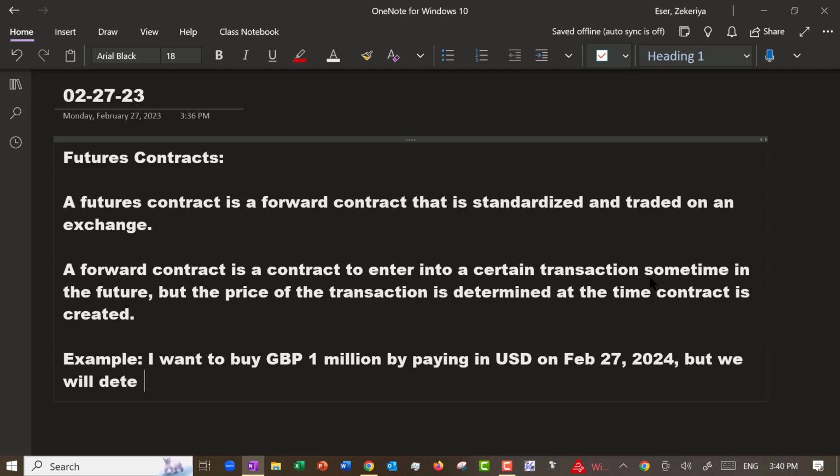But we will determine what the exchange rate should be right now.